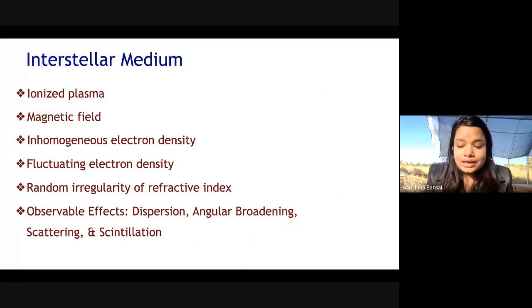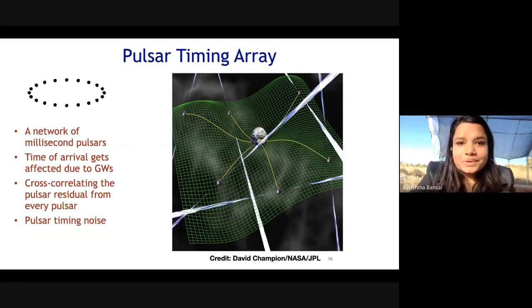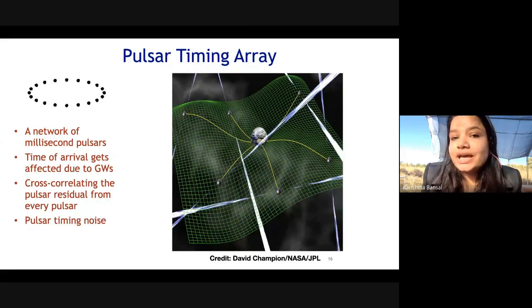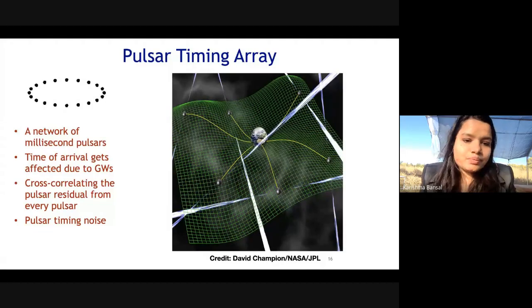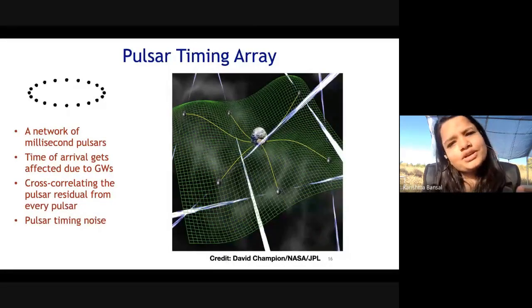So now moving on to the interstellar medium, you may wonder why this transition is so abrupt. So I'll tell you why. The story of pulsar timing array, where I said you measure the delay in the pulse arrival time, or if the pulse has arrived earlier, it's not quite that straightforward.